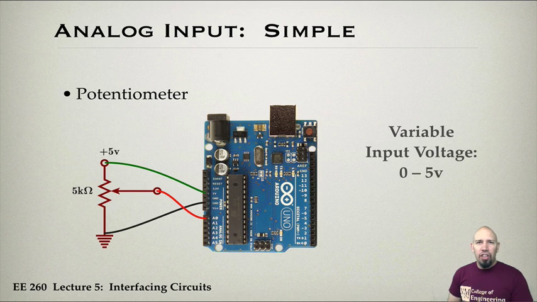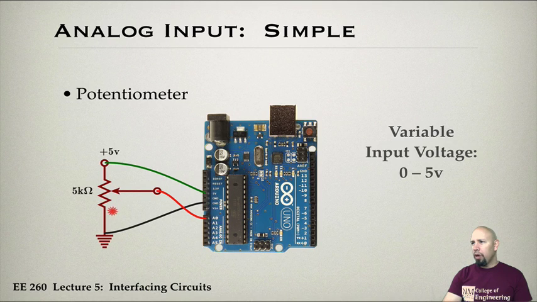Now our first analog circuit that we're going to talk about, an interfacing circuit, is the simplest one, which is a potentiometer. A potentiometer, or a pot, is basically a variable resistance. Okay, so it has 3 terminals, and basically what's called the wiper, and the wiper can be set anywhere from one side to the other side of that resistor. So if I move the wiper all the way up, then at this point the resistance between this point and here is 0.